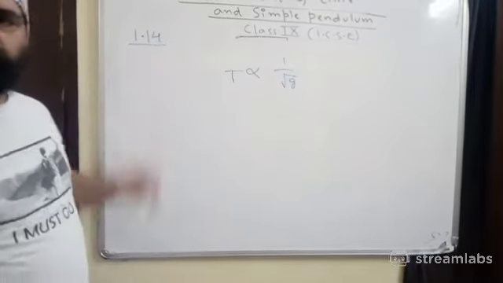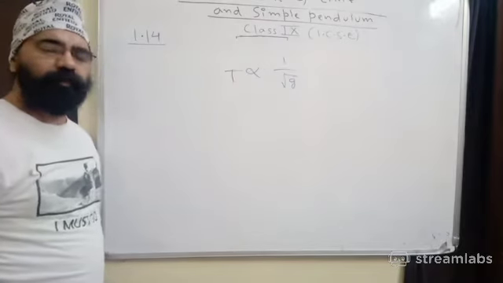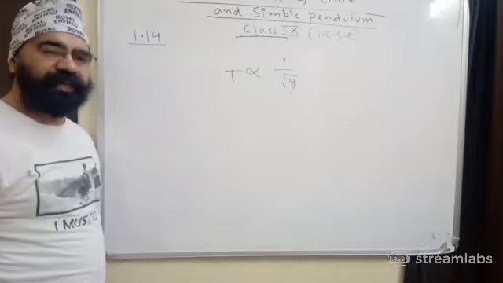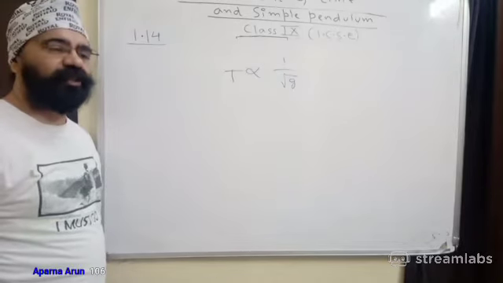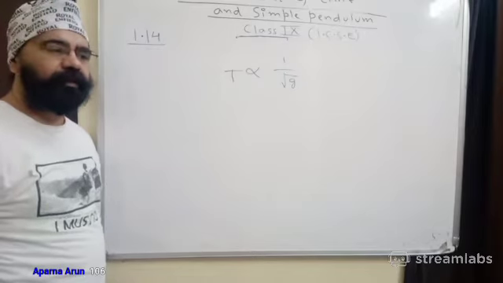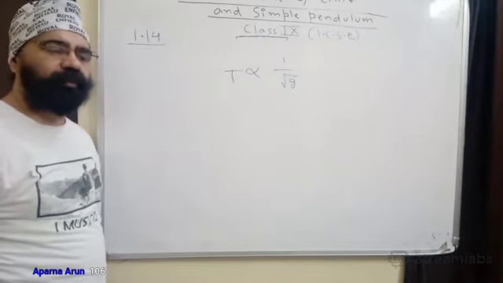So it is also dependent on the acceleration due to gravity, inversely proportional. If the gravitational acceleration decreases, when I go up to a mountain, to a higher altitude place, then the pendulum's time period increases, which means my watch becomes slow.